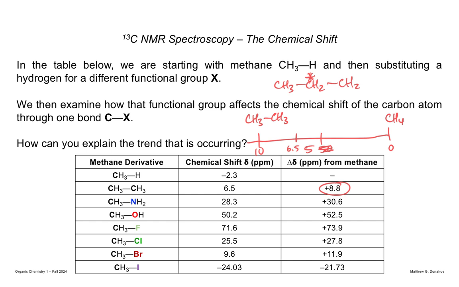So it's an additive chemical shift for every H that you substitute. Carbons 1 and 3 in propane should still occur about 6 to 7 parts per million.